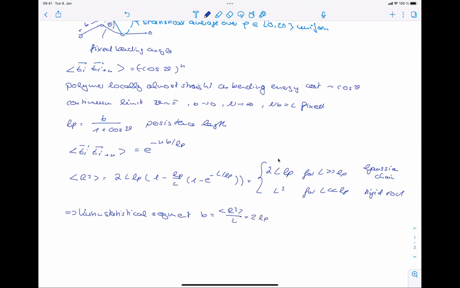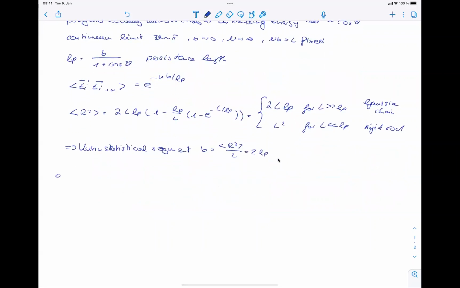So that means that at the scale of 2 persistence lengths, my semi-flexible polymer behaves as if all angles are equally probable. So then it loses its orientational correlation, which is also obvious from the exponential decay of the subsequent tangents, right? Which in the Gaussian chain are not correlated. And so you see the correlations decayed to significant order at twice the persistence length distance.